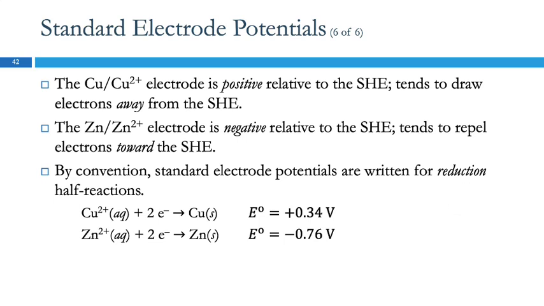So reduction is gain of electrons, and so here we have something gaining electrons and forming something else. These are all going to be listed as reductions. So the reduction potential for this is positive, the reduction potential for this is negative, because they were measured against the SHE.